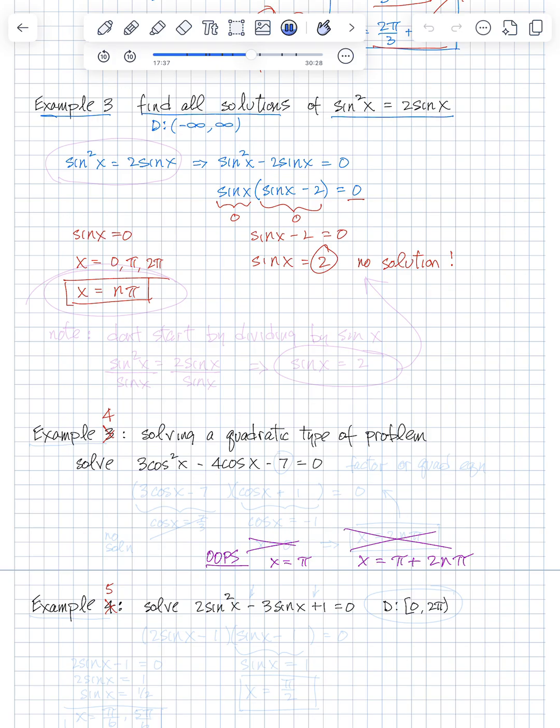So here's a problem where you have to check both answers, and then you have to see if they are legitimate answers. Now, one more thing on this problem, I'll put it as a note. We don't start problems like this by dividing both sides by sine x, which we're allowed to do.